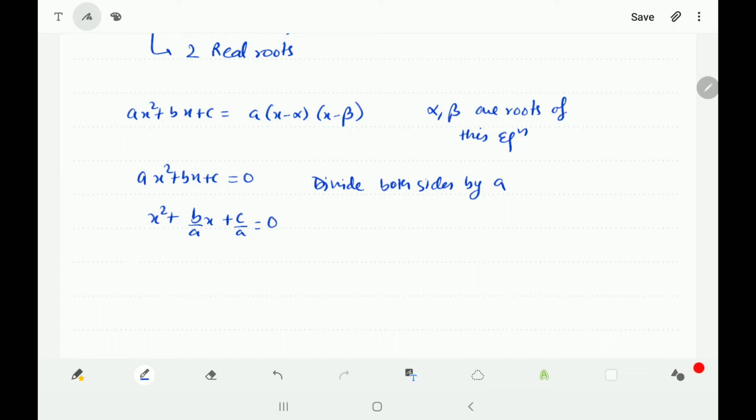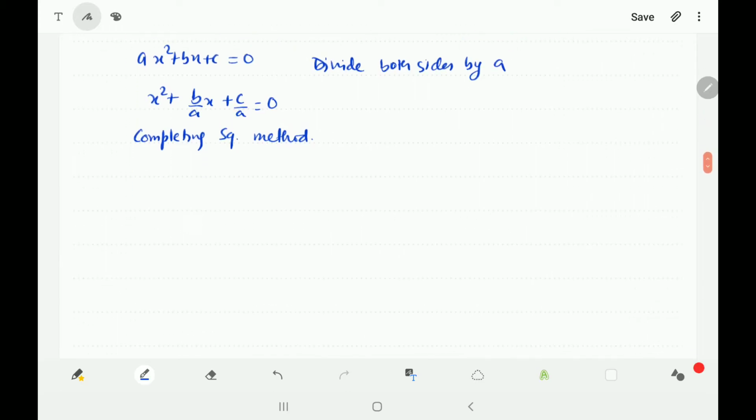Now using the completing square method, what we will do is x square plus 2 into b by 2a x plus b square by 4a square is equal to b square by 4a square minus c by a.